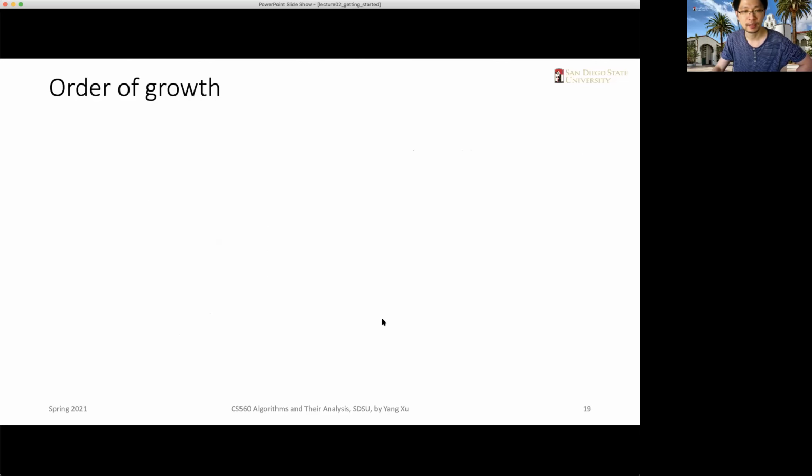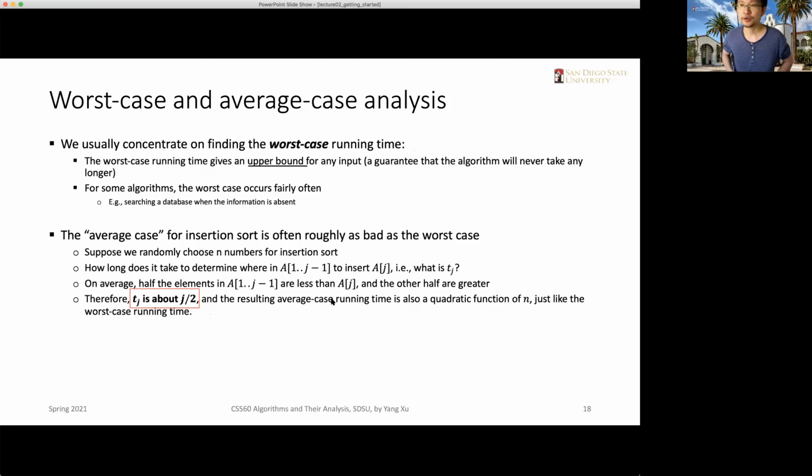All right. So it basically shows that the running time of insertion sort grows as fast as a quadratic function. So now let's keep this in mind, and then we're going to see another algorithm in order to compare it with insertion sort.